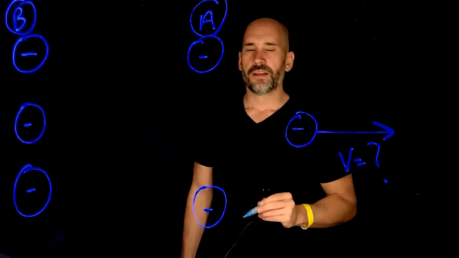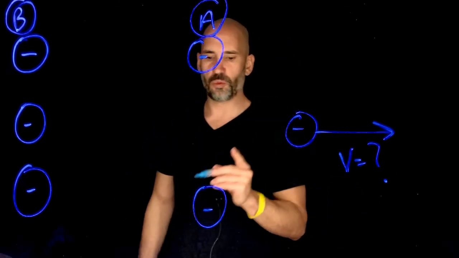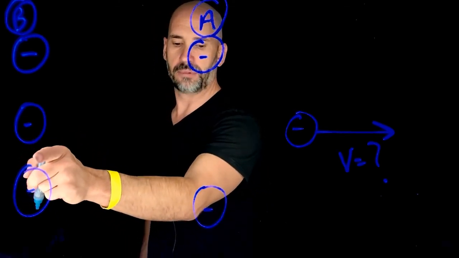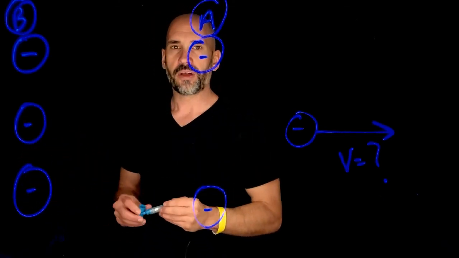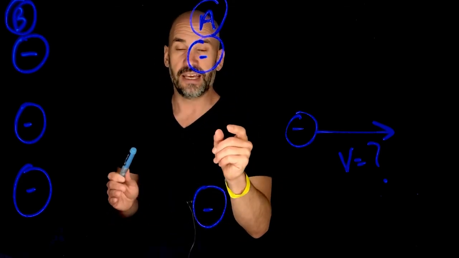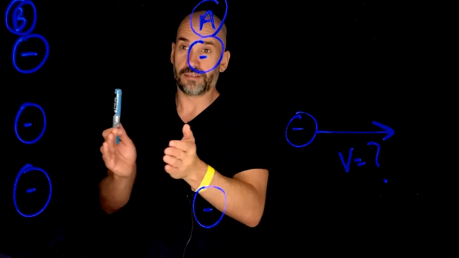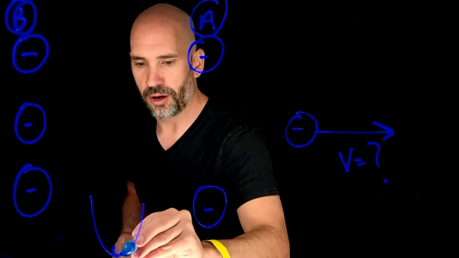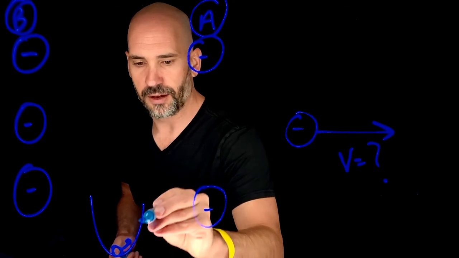Okay, so question 1 is this center electron at a point of stable or unstable equilibrium? Okay, a stable equilibrium would mean that if you hit something a little bit, it goes back to the equilibrium point. Like, so a stable equilibrium would be like for a ball. I have a ball. If I hit the ball this way, it rolls back down.